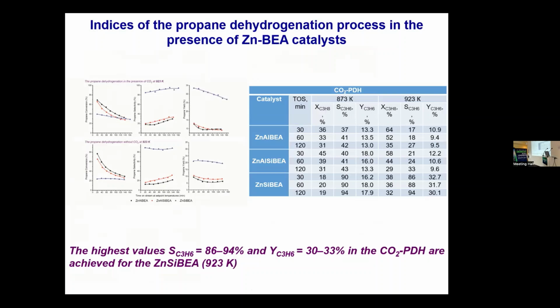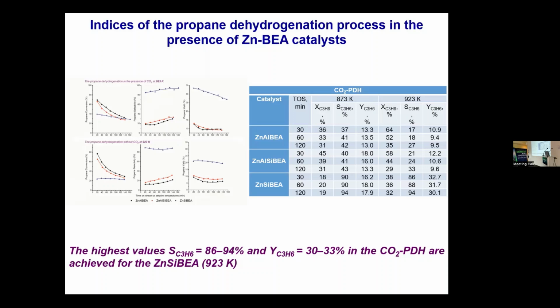Now I can show you very quickly the propane dehydrogenation process and the results obtained in this case. So we can see that at this temperature, the selectivity in the case of Zn-SC-beta is up to 94%, much higher than in the case of this catalyst.